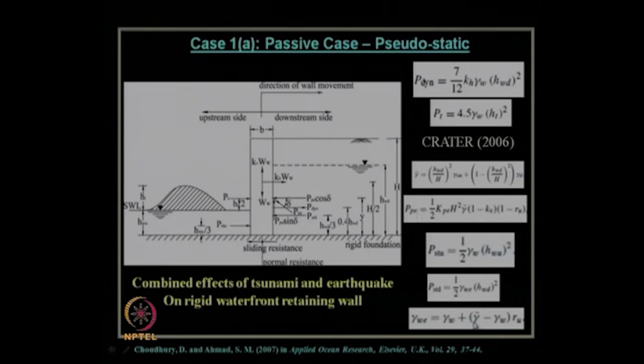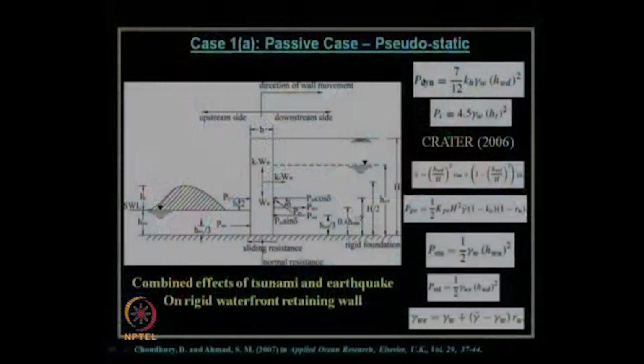So, you are removing this portion, gamma bar minus gamma W times Ru, from this. Otherwise, you would be taking water pressure two times. Got it? This is the reason why this gamma WE is used on the downstream side.